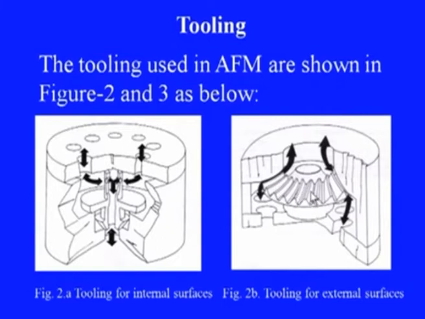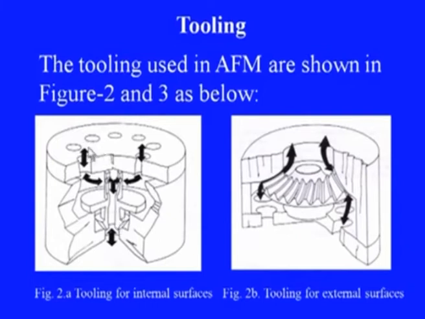This is the part to be finished, these are the surfaces to be finished, and this is the media flow which contains the abrasive materials, and while passing through this causes abrasion on these surfaces and thereby improves the finish of these surfaces. So is the case with these internal surfaces.